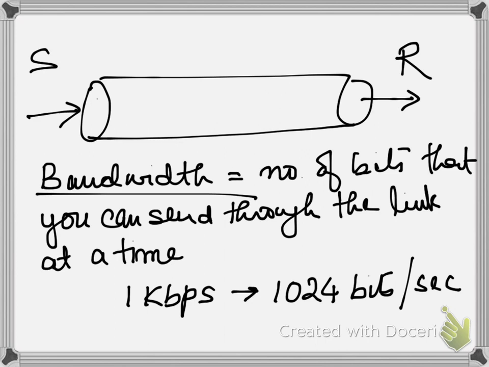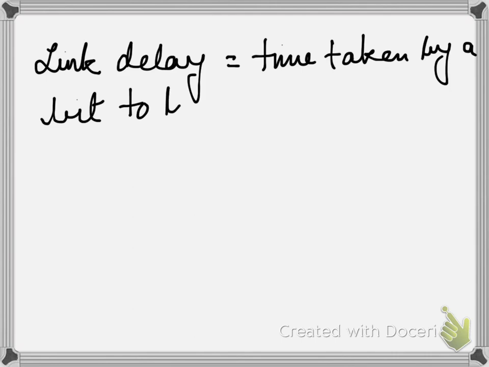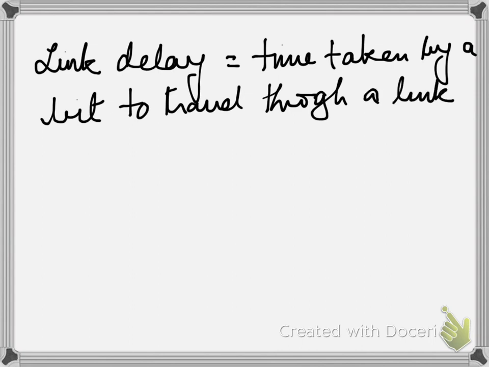The next thing is the link delay. So what is the link delay? The link delay is the time taken by a bit to start from the sender and to reach the receiver, that is, the time taken by a bit to travel through a link from one end to the other.